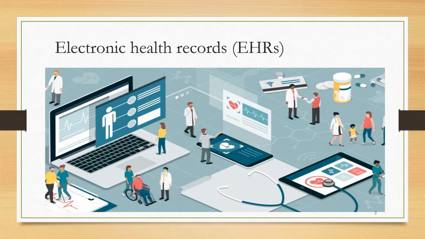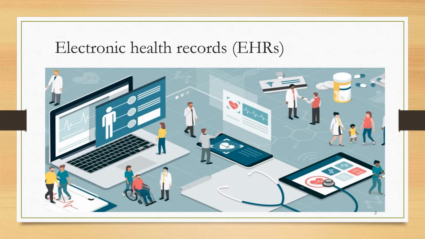So in the previous lecture, we talked about the informatics drivers and trends in healthcare, and we talked about electronic health, electronic medical records, and now we are going to talk about electronic health records.